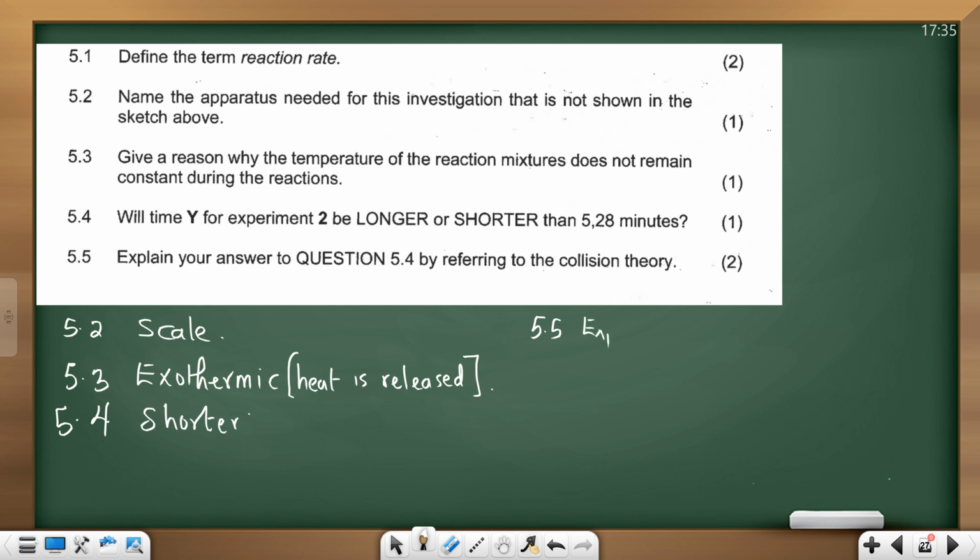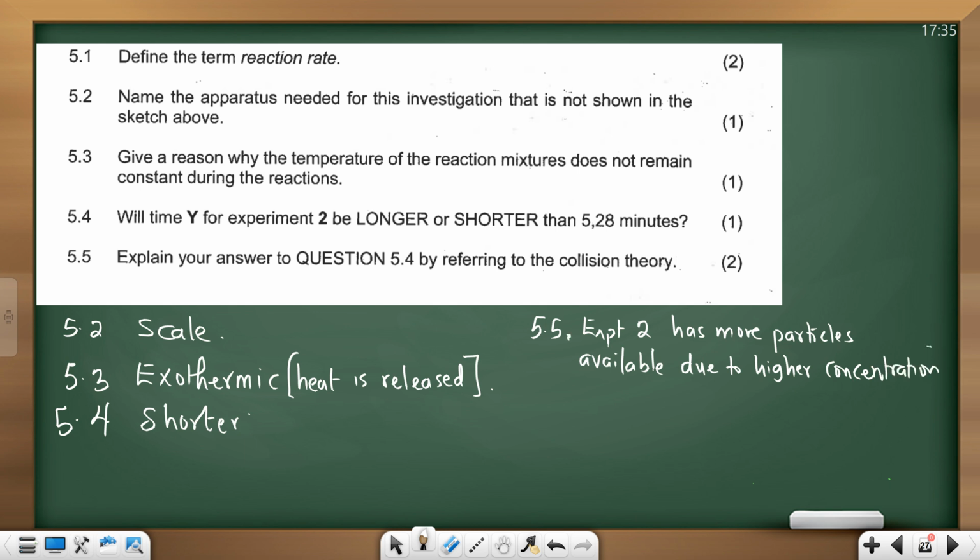Experiment 2, right? Experiment 2 has more particles available. What's the reason? Why do we have more particles? Due to higher concentration. And don't write many stories. Higher concentration.